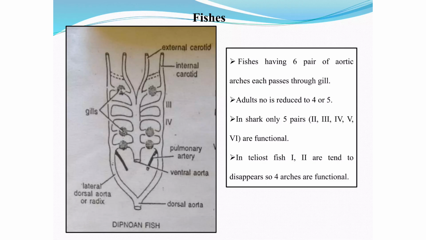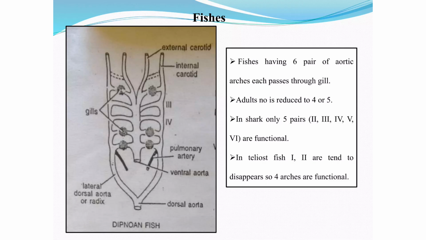The first aortic arch is called the mandibular aortic arch. The second aortic arch is called the hyoid aortic arch. The remaining aortic arches are called the third, fourth, fifth, and sixth aortic arches.